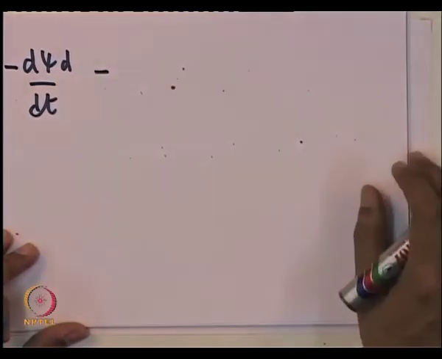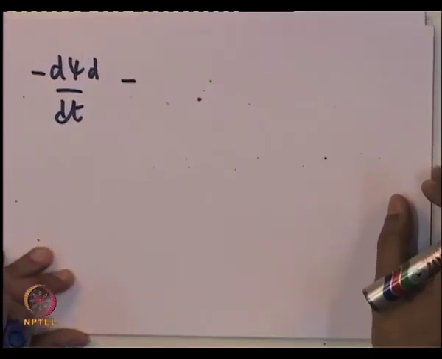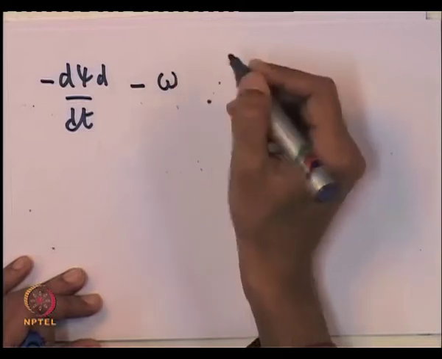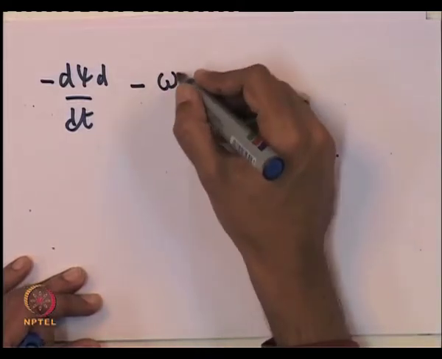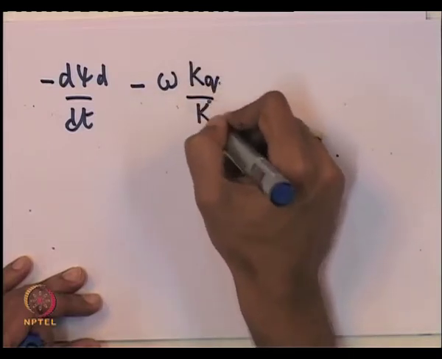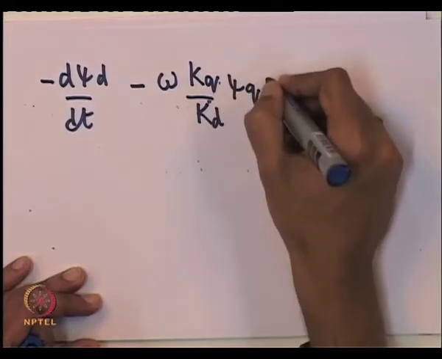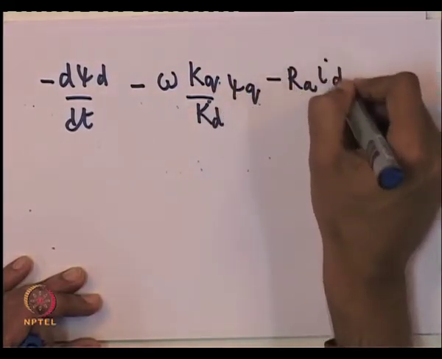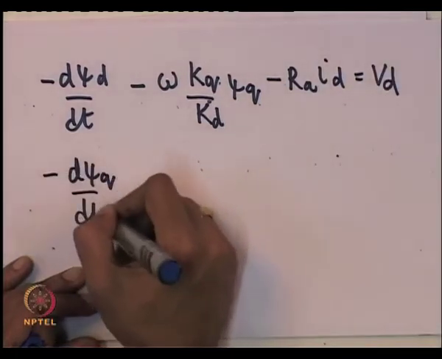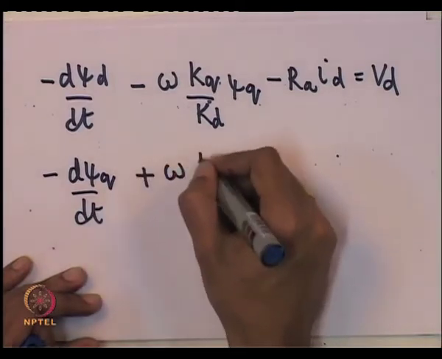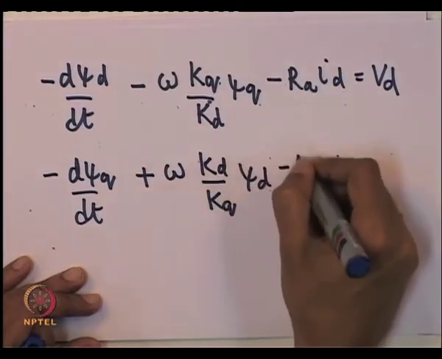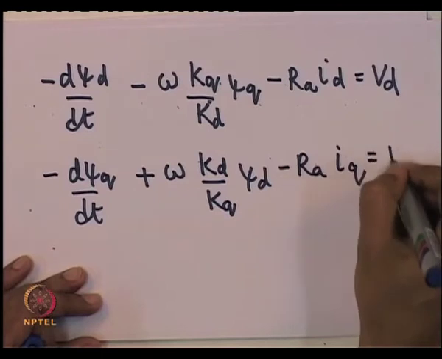minus d theta by dt, in fact, or theta dot, is nothing but omega, the electrical angular frequency, and this is kq by kd psi q minus Ra Id is equal to Vd. Minus d psi q by dt plus omega kd by kq psi d minus Ra Iq is equal to Vq.